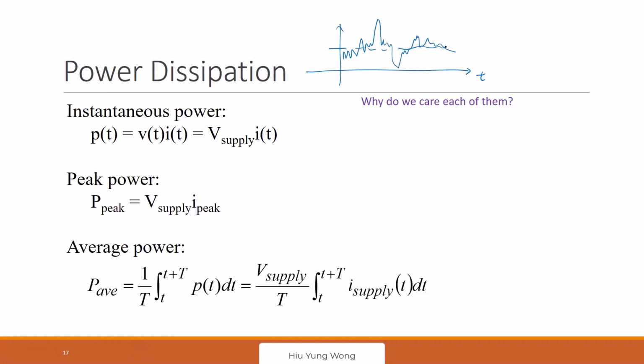This is the average power, and this is the peak power. So you have concerns when you base it on your circuit design. Instantaneous power is easy, just V times I at a certain t. We can assume V is constant. But peak power is the peak one. Why do we care about the peak power as a circuit designer?